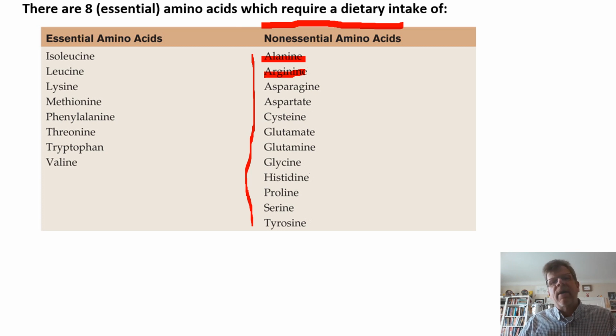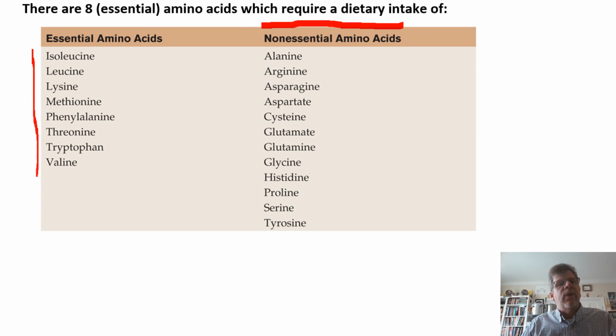So if we have one amino acid, we can convert that into the other. So these would be considered non-essential amino acids. This is in contrast to our essential amino acids, these 8 amino acids right here, of which we must have a dietary intake because the body cannot synthesize them for themselves.